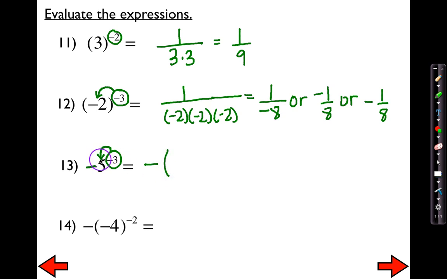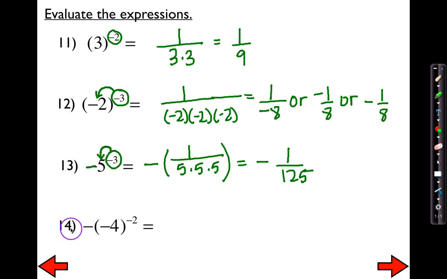And then, since the exponent is negative, I'm going to repeatedly divide. So it's 1 over 5 repeated 3 times. So here I'm going to simplify. This is all positive, so it's going to be a negative 1 over 5 times 5 is 25, times 5 is 125.